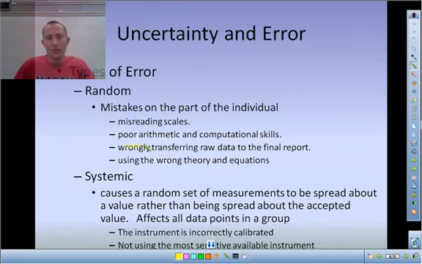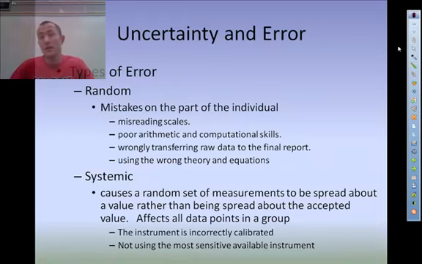We don't carry over data from one table to another. These are things that affect individual data points. These are things that affect one measurement here, one measurement there. They don't carry through the entire experiment.